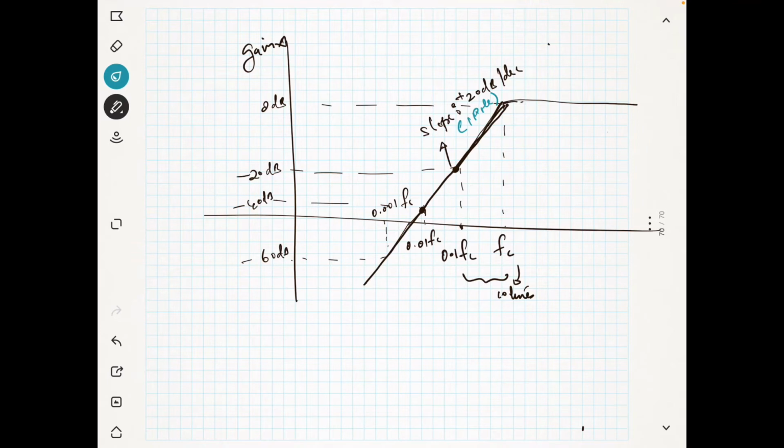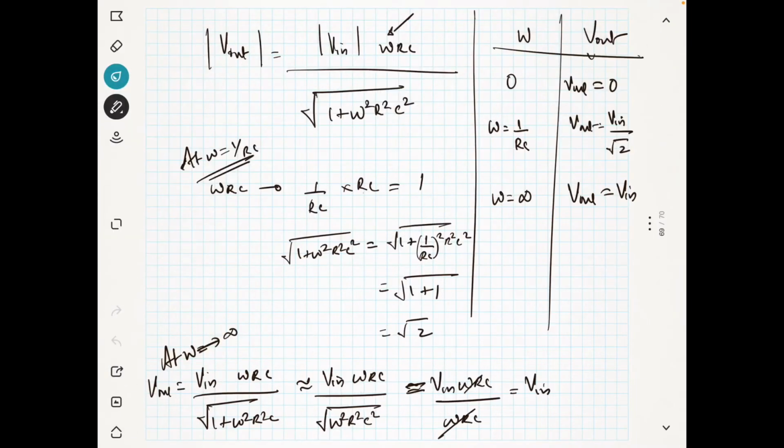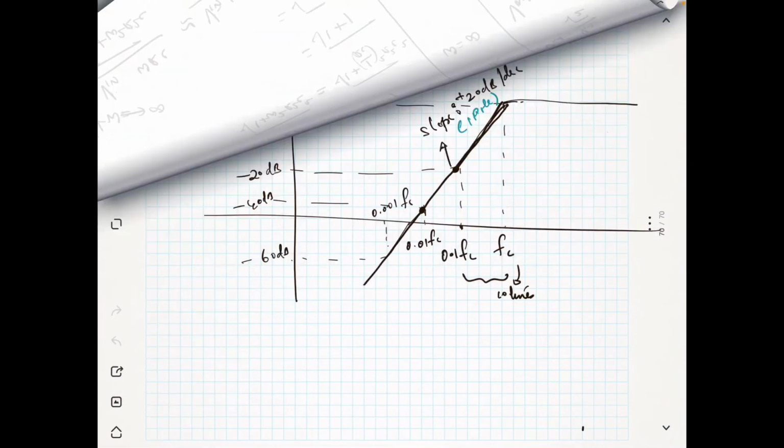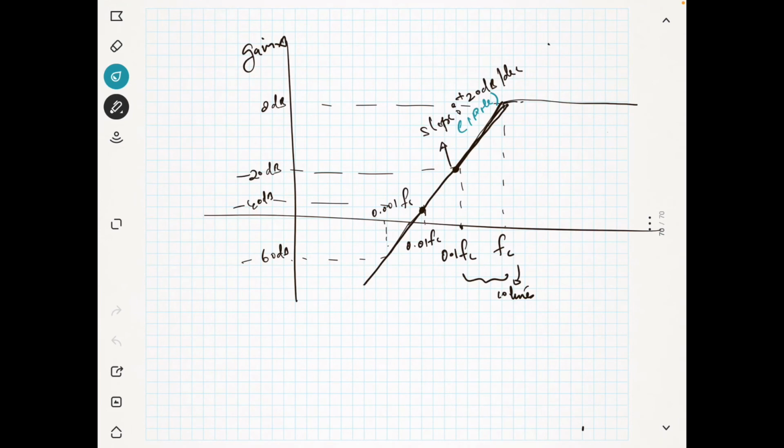So the slope is plus or minus 20 dB per decade. It is according to the number of poles and zeros. And now you see, there is a 0. So I can say that the order is equal to 1.